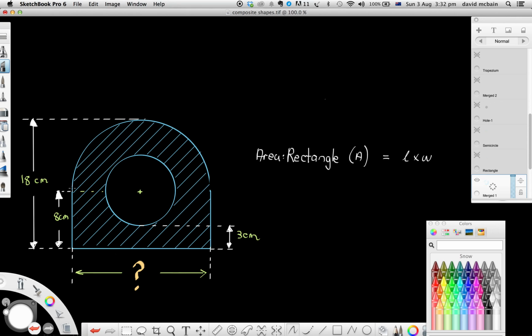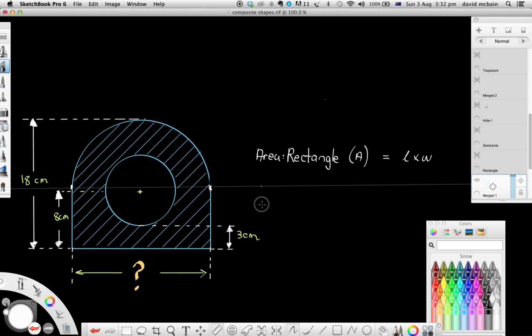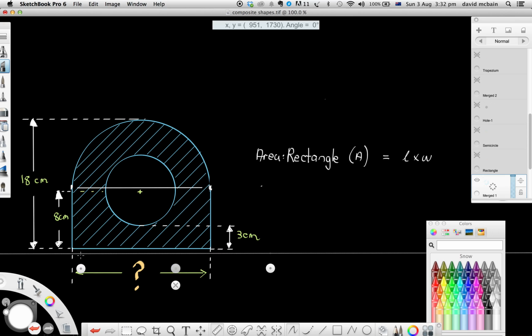And because the semicircle starts here and ends here, that distance across there is the same as the length of our rectangle.